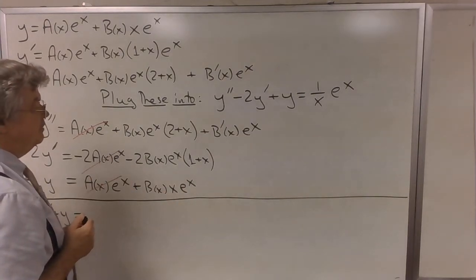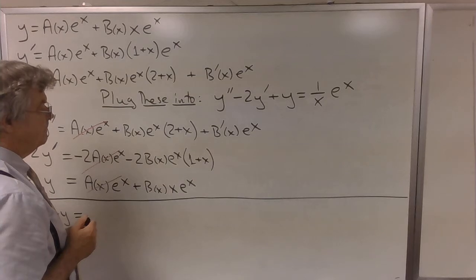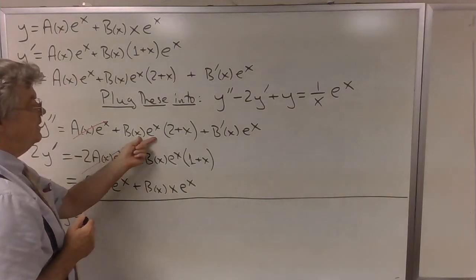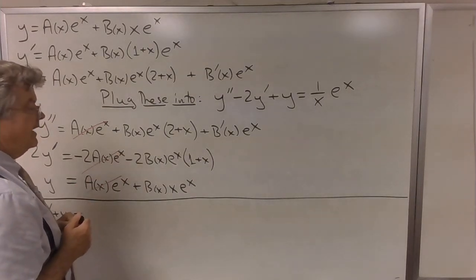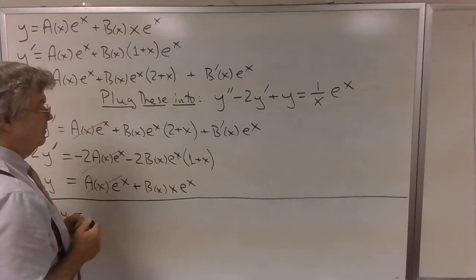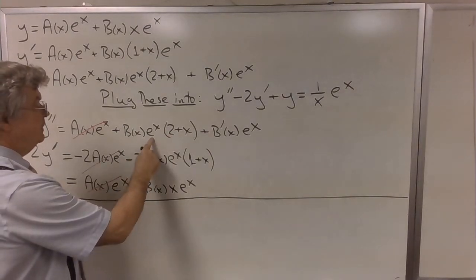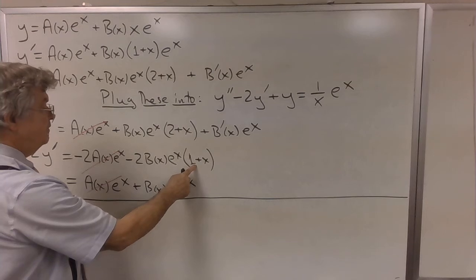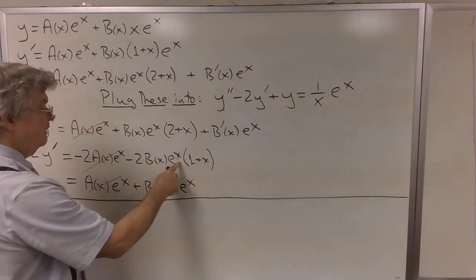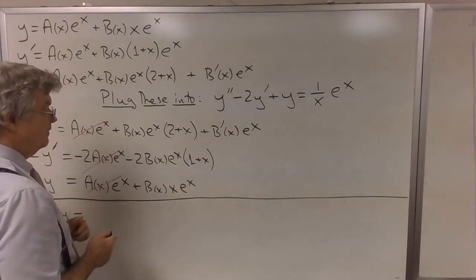So those terms that have bx e to the x but no factor of x, they wipe each other out. 2 bx e to the x, negative 2 bx e to the x. They wipe each other out.